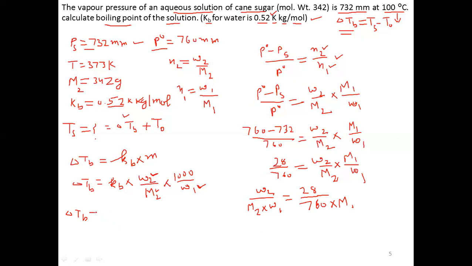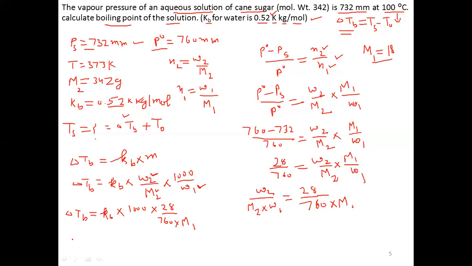So delta TB is equal to KB into 1000 as it is, into the value of this, which is 28 divided by 760 into M1. Now putting the values of KB and M1, M1 is 18. Why is M1 18? Because the solvent is water and its molecular weight is 18.